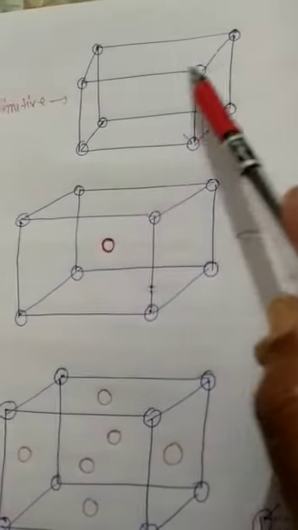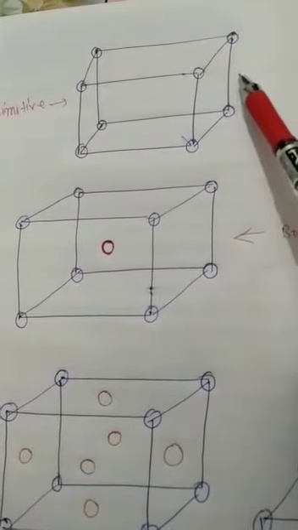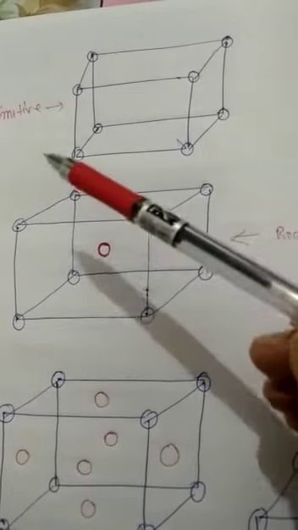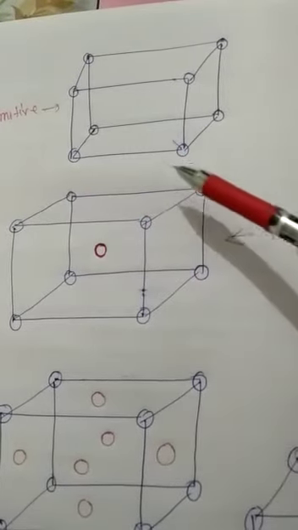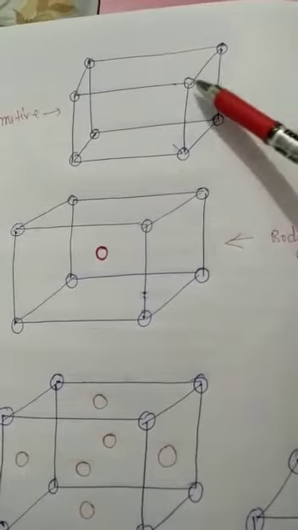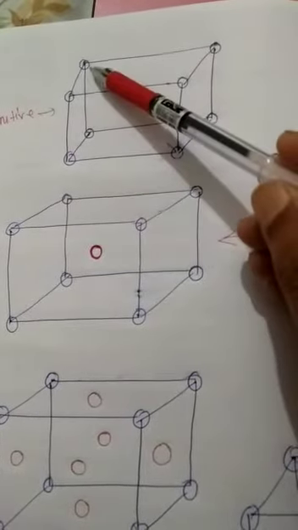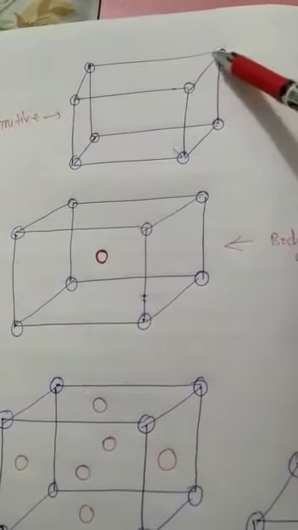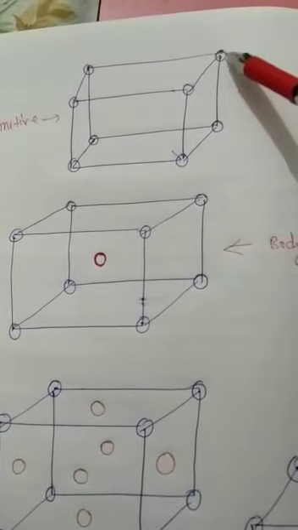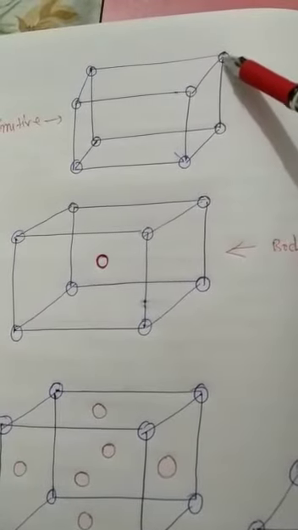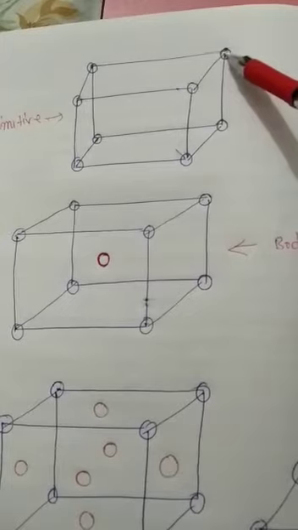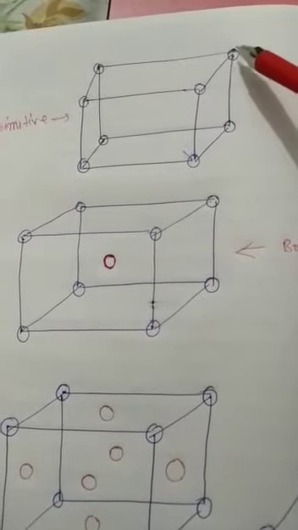This is the diagram of primitive unit cell and it has 8 corners: 1, 2, 3, 4, 5, 6, 7, 8, and this blank dot denotes atom, that is constituent particle.